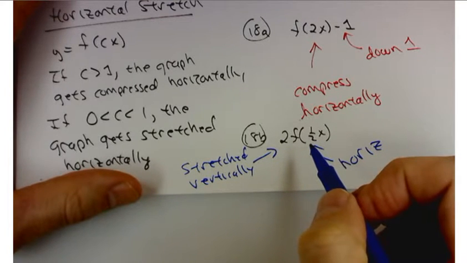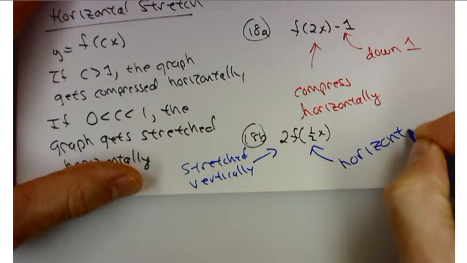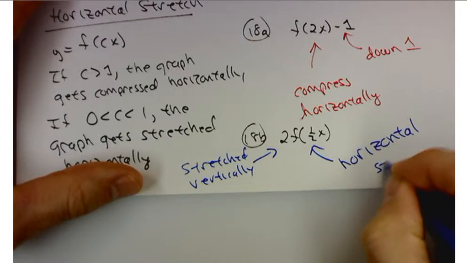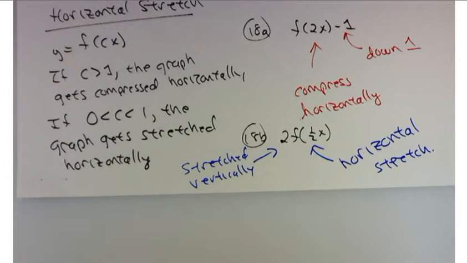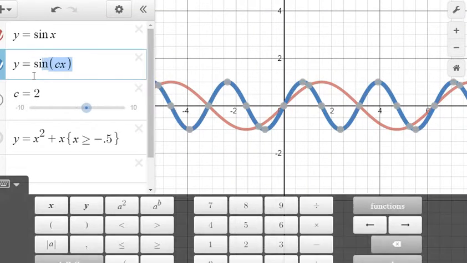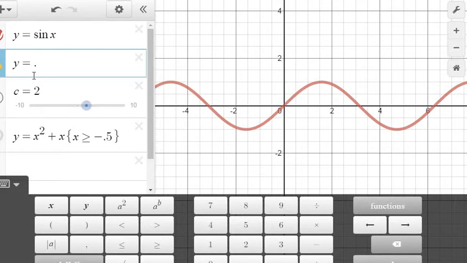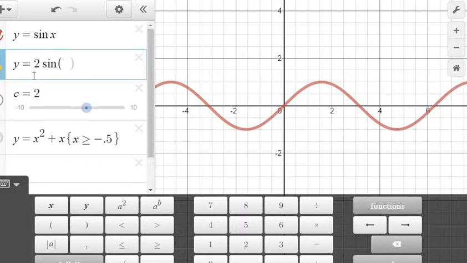So for giggles, let me just do this with a trig function just to see what that would look like. So really what they're asking is to put, say, a 2 outside, so 2 times the sine of 1/2 x. So with some functions, it's not going to cancel out, and the sine function here is one of them.